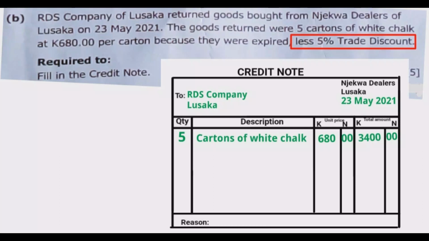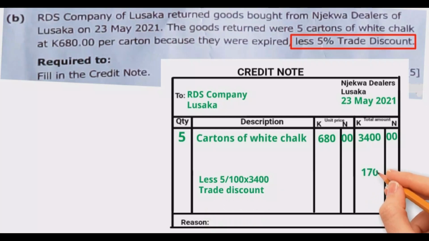So we shall say less 5% of that. So we're going to write 5 over 100 times 3,400, which, when we find that, will give us 170 kwacha. So the discount was 170 kwacha. Okay, so that is the discount.